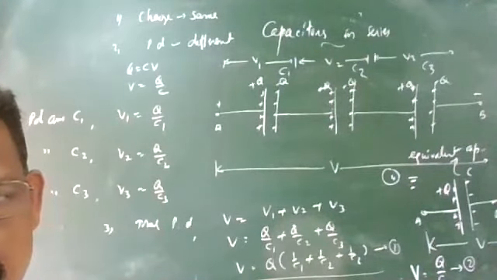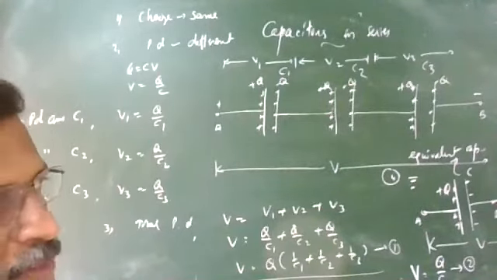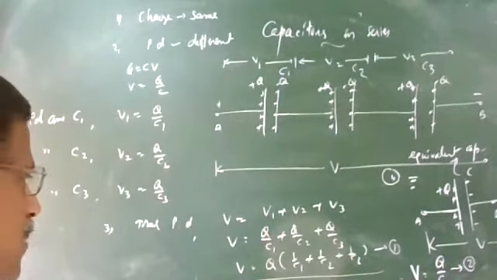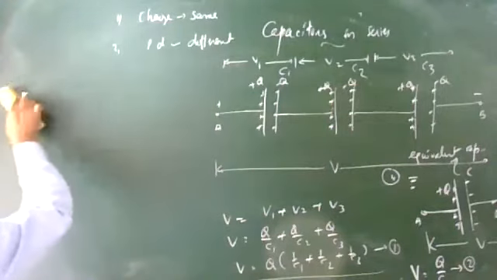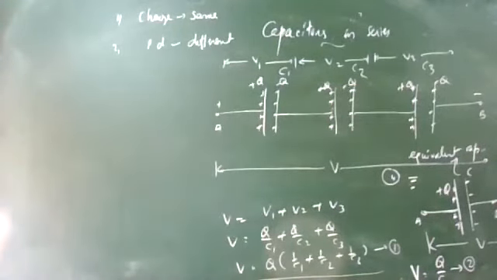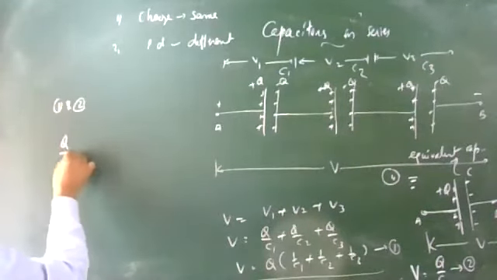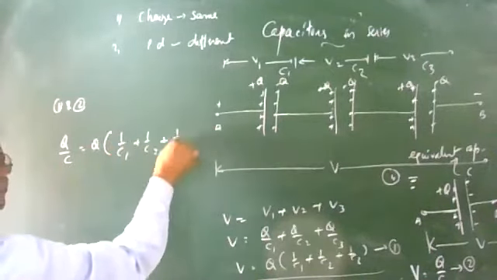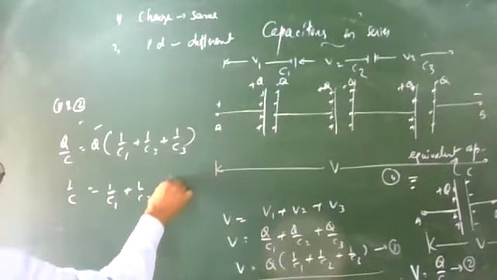Its capacitance is called the equivalent capacitance, conditionally: when it is connected between the points A and B under the same potential difference, the charge on it should be equal to Q, which is the same charge on the separate capacitors. So we can equate equations 1 and 2. From equations 1 and 2, V equal to Q by C equals Q times 1 by C1 plus 1 by C2 plus 1 by C3. Cancelling Q, 1 by C equal to 1 by C1 plus 1 by C2 plus 1 by C3.